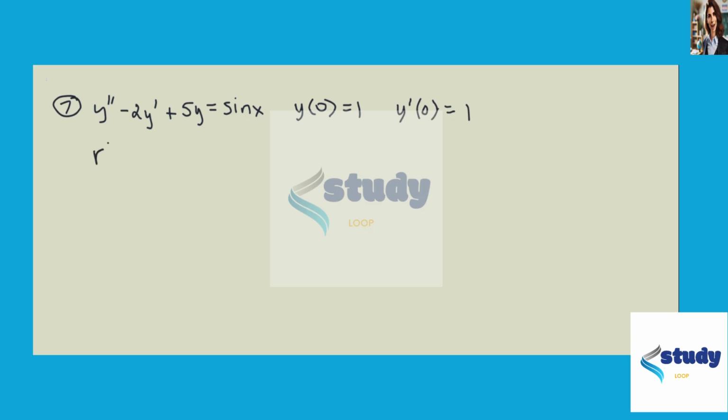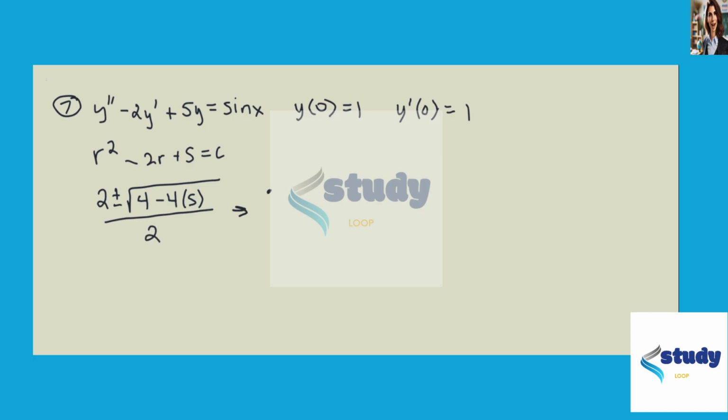So now I have r squared minus 2r plus 5 equals 0. I'm going to use the quadratic formula because I cannot factor. The opposite of b is 2, plus or minus the square root of b squared, that would be negative 2 squared, which becomes 4, minus 4 times 1 times 5, all over 2.